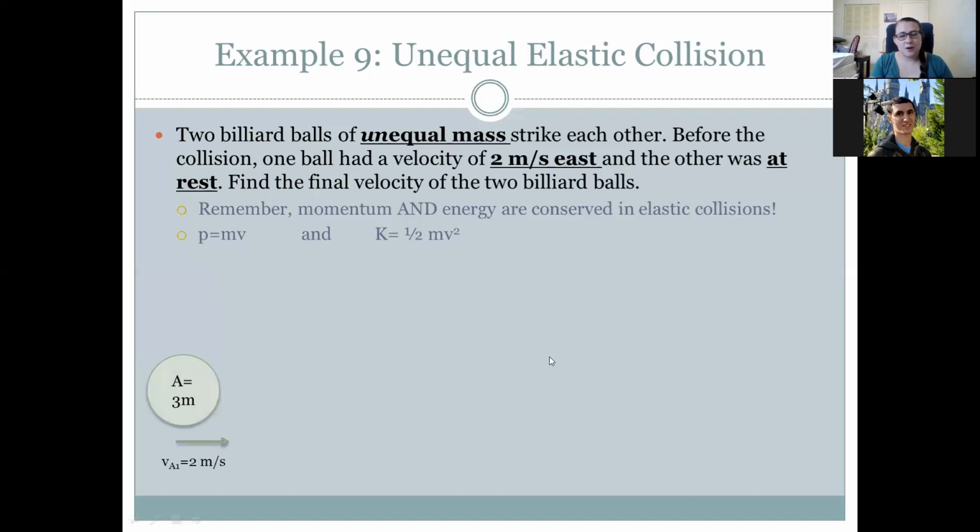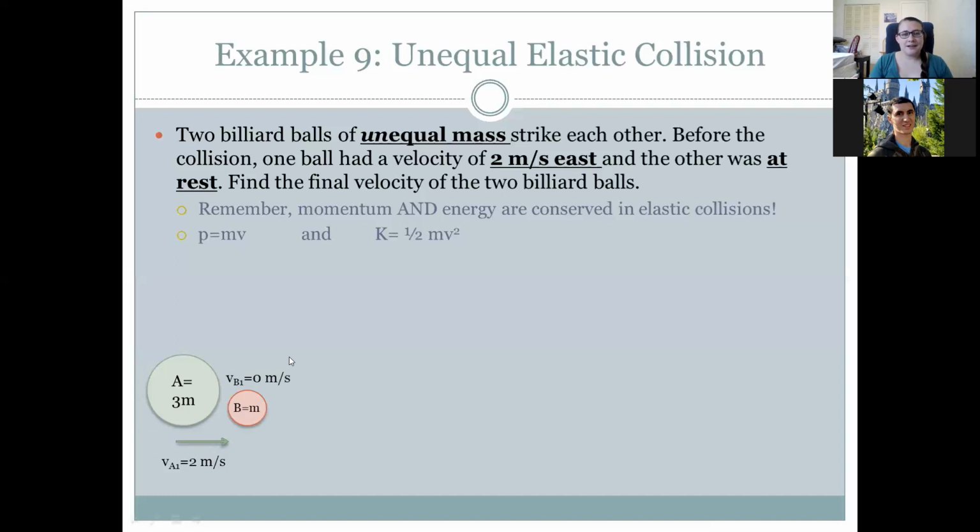So this time, here's ball A, which has 3 times the mass. I just picked 3 for fun. It didn't specify in the scenario, but we're specifying now. Okay, and it's moving east at a velocity of 2 meters per second.